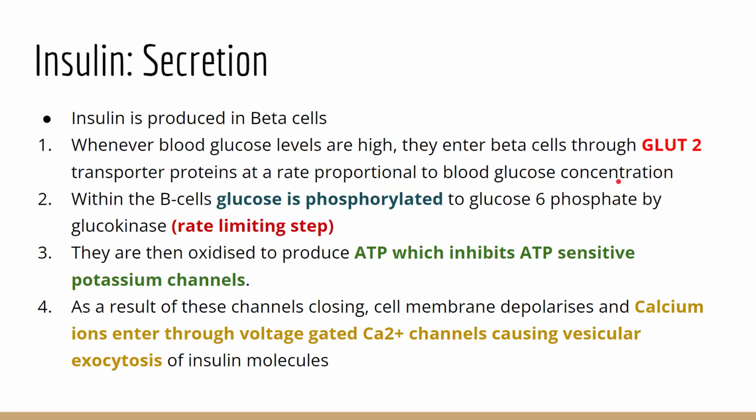So basically, however much blood glucose is present in the blood, an equal amount will go into the beta cells through GLUT2 transporters.